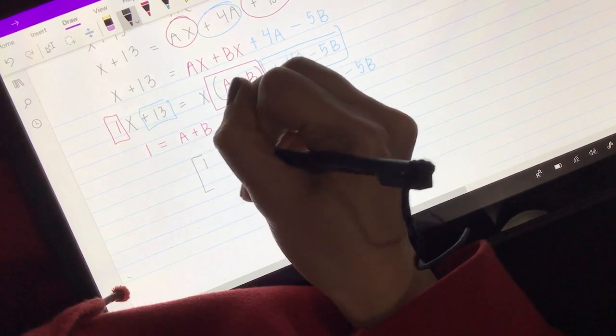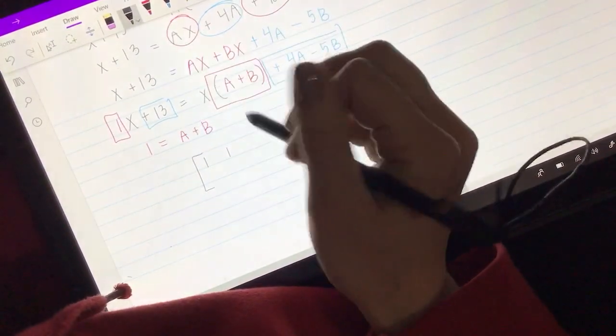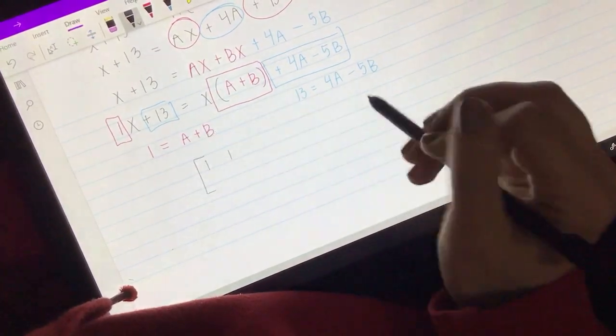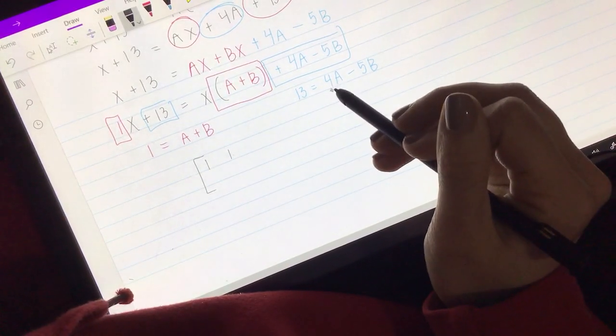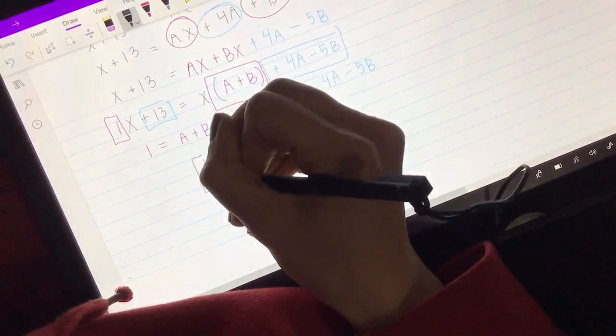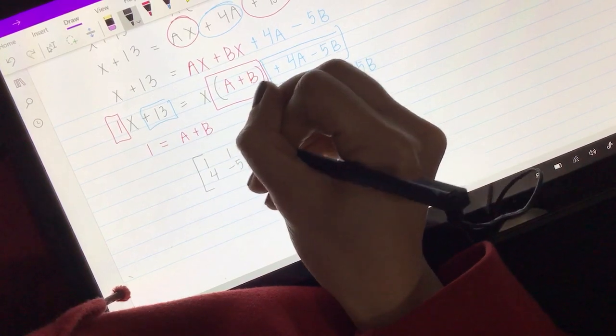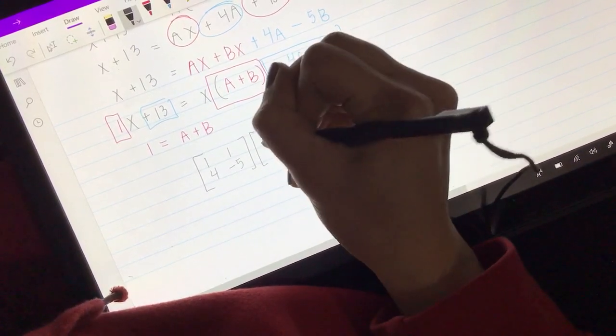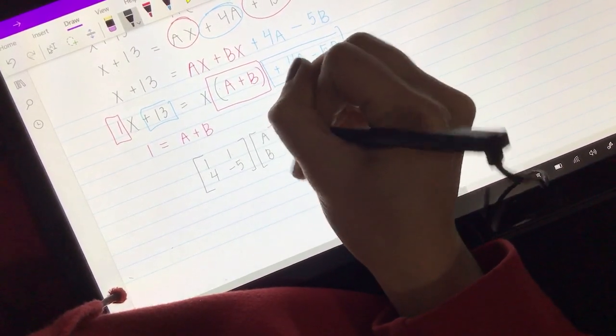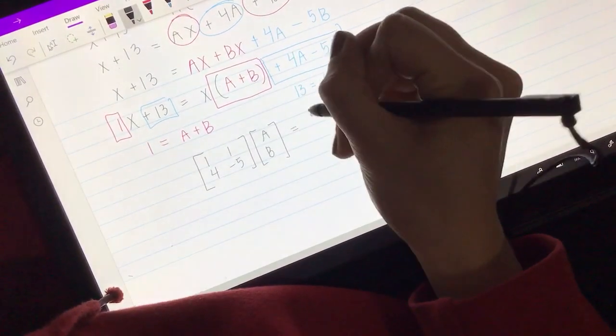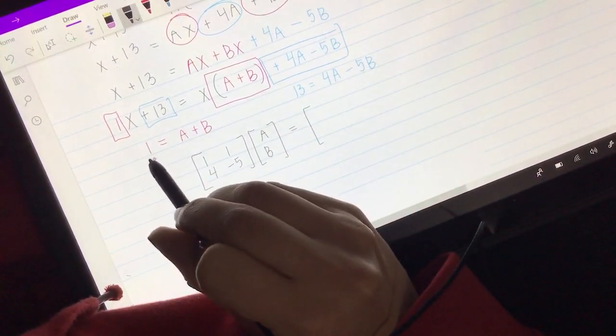So I have 1, 1 for my first equation. Now for my second equation, I have the coefficients 4 and negative 5. That's multiplied by my variable matrix, which is a and b. And that's equal to my constants, which is 1.